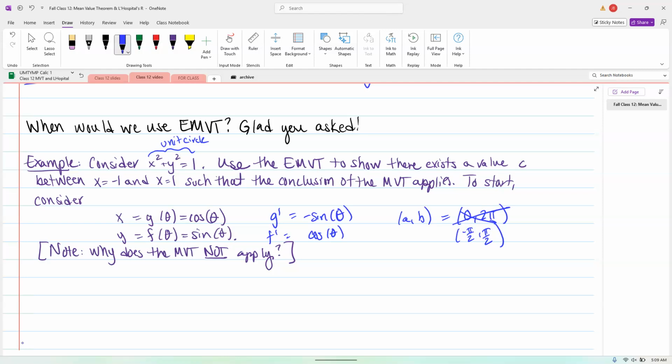Let's see what this says. By EMVT, what do I get?